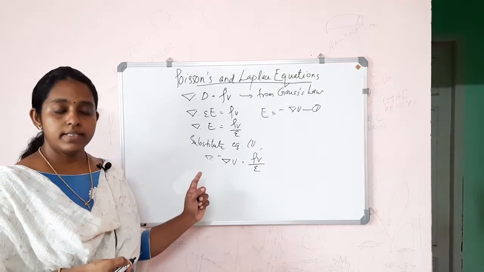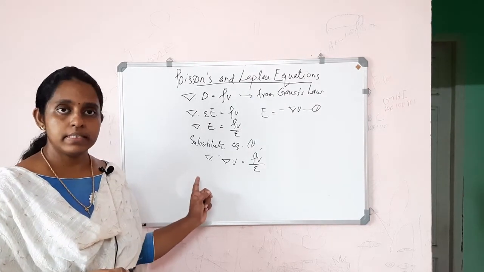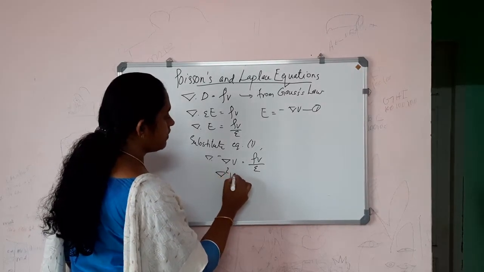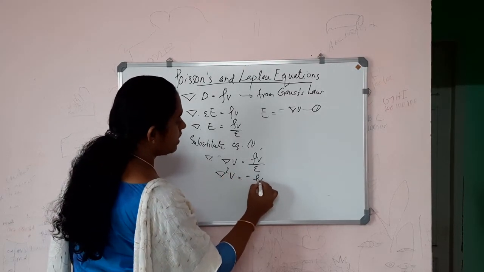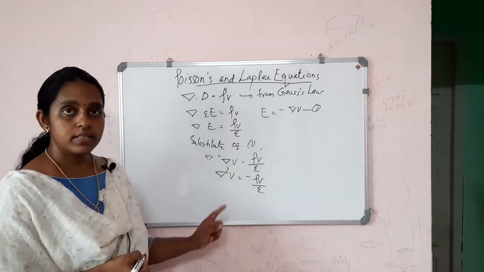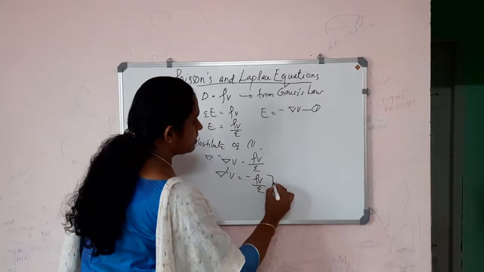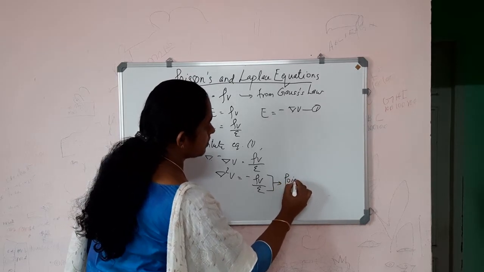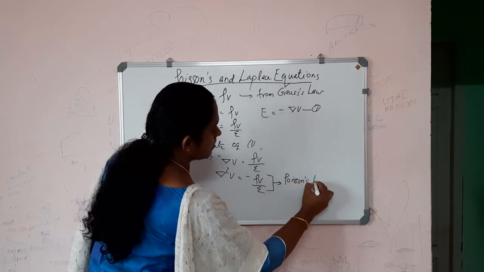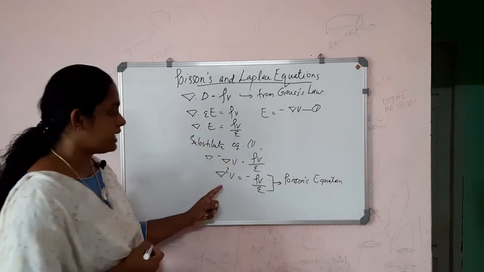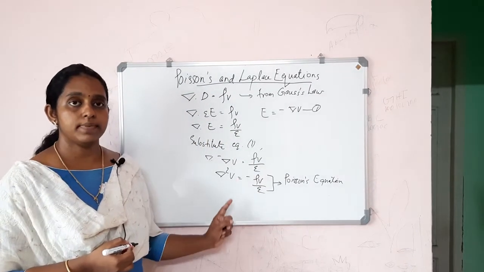We already know that del dot del is del square. So this becomes del square V is equal to minus rho V by epsilon, and this is known as Poisson's equation. This is a very famous equation, Poisson's equation. That is del square V is equal to minus rho V by epsilon.